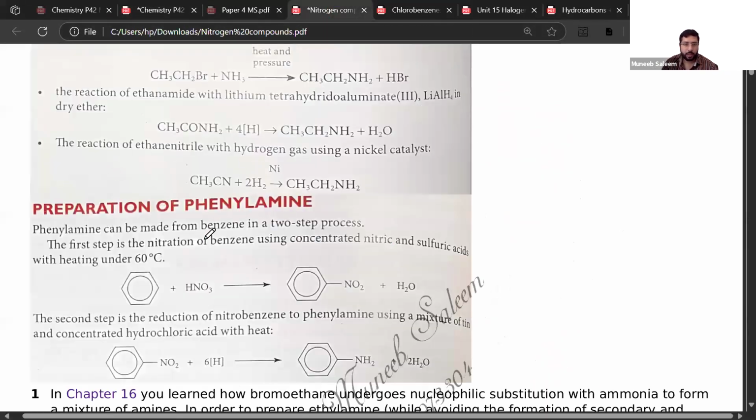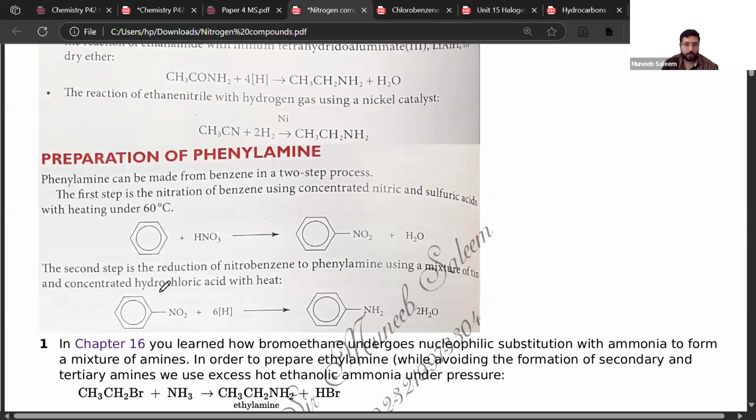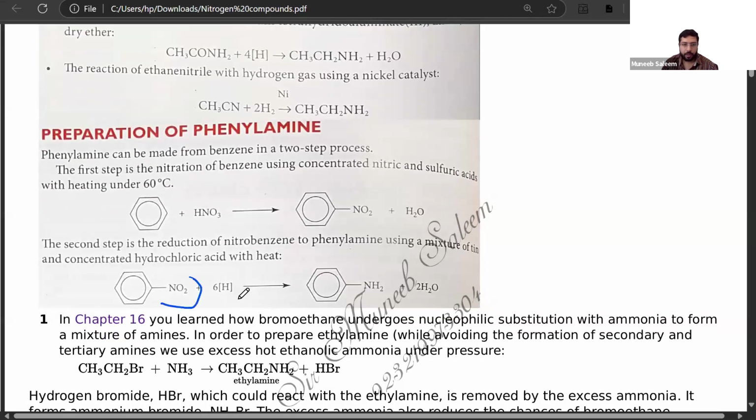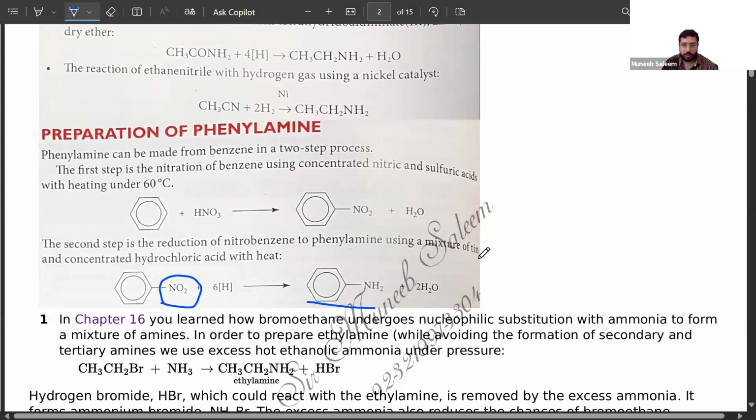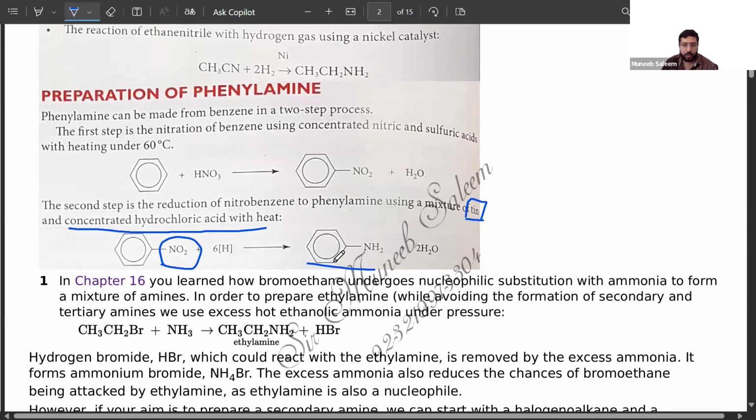Preparation of phenylamine, and here we have the conversion of nitrophenyl group into the phenylamine, and for this purpose you will need a tin compound, along with a concentrated HCl with heat. So heat plus HCl plus tin is required.